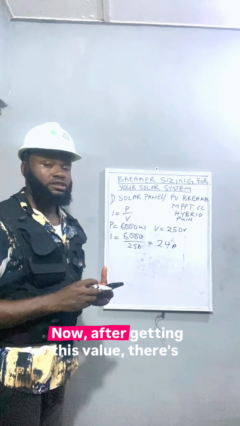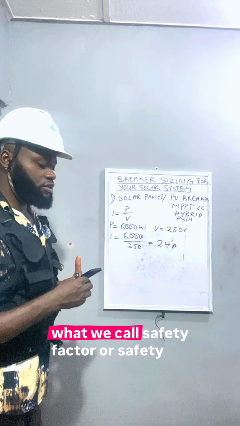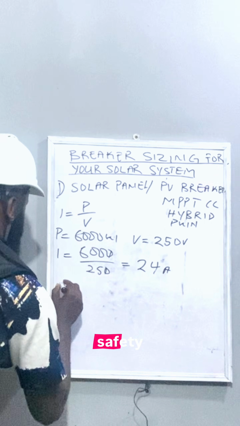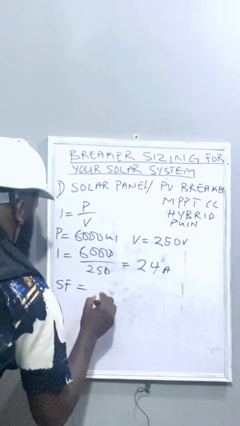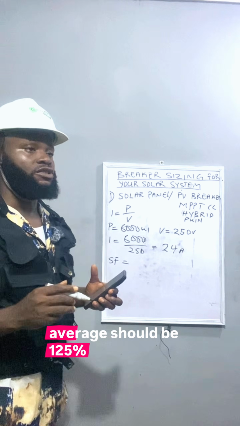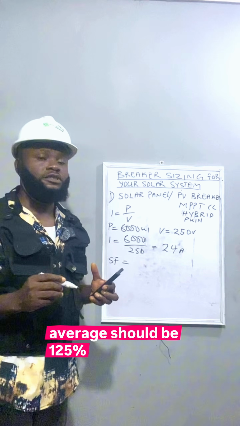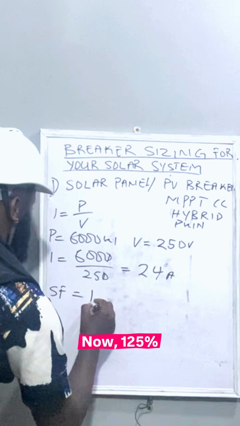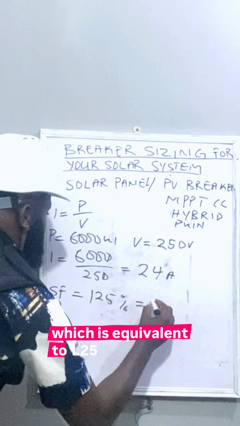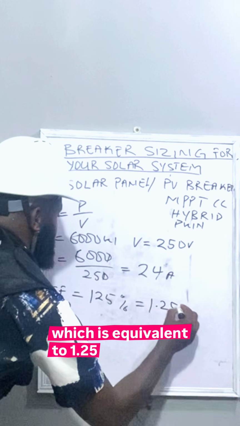Now, after getting this value, there's what we call the safety factor. It is agreed that our safety factor on average should be 125%, which is equivalent to 1.25.